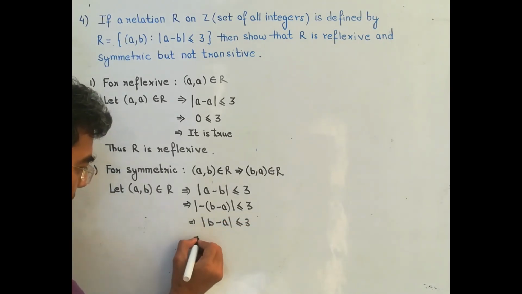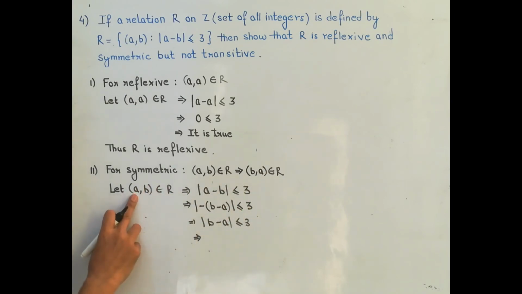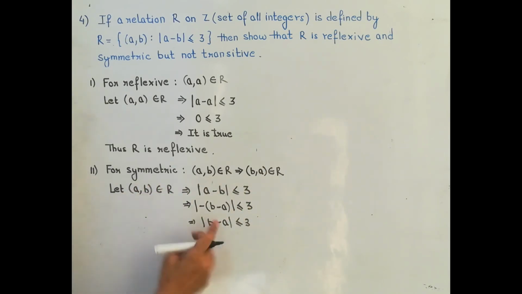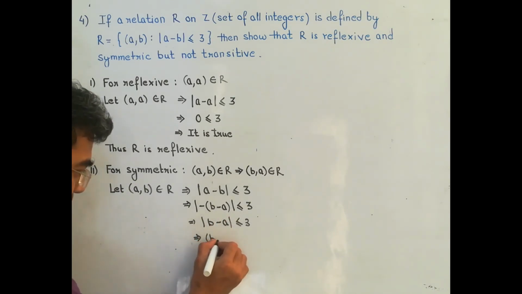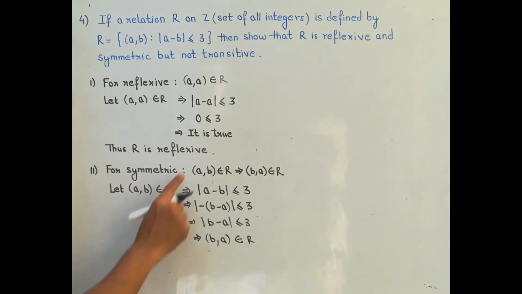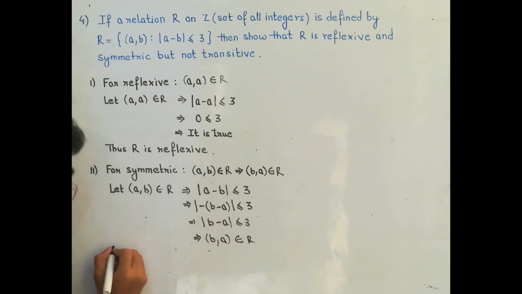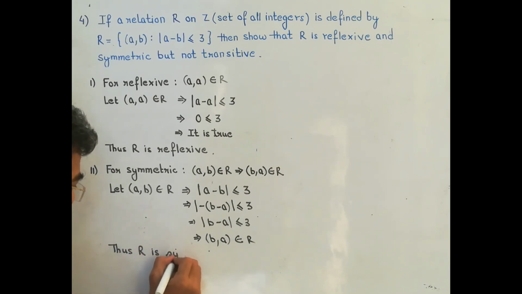Now see, for a minus b less than or equal to 3, that means a comma b belongs to R. So we have shown b minus a is also less than or equal to 3. So we can say b comma a belongs to R. We started with this and we have proved this, so we can say R is symmetric.